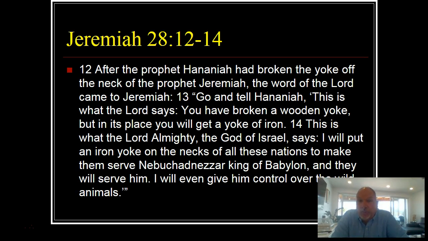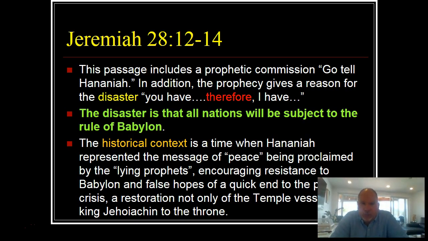So it's a pretty disturbing passage where God is saying that all of Judah and all of Israel will come under Babylonian control. This passage includes a prophetic commission, go tell Hananiah. In addition, the prophecy gives a reason for the disaster: you have done this, therefore I will do that. The disaster is that all nations will be subject to the rule of Babylon.